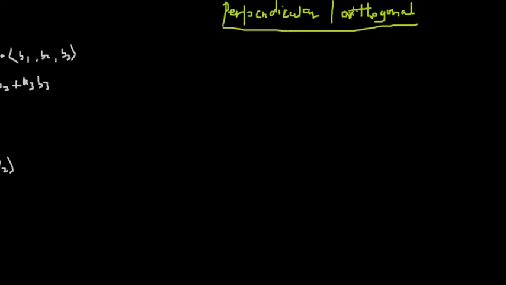Whenever two vectors are either perpendicular or orthogonal, their dot product has to be 0.